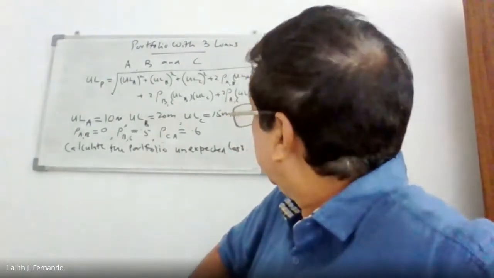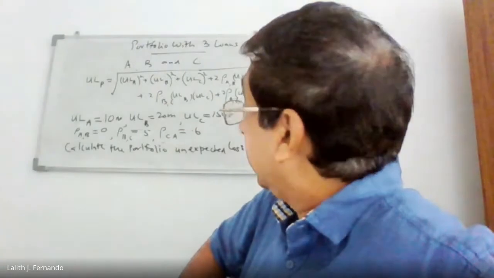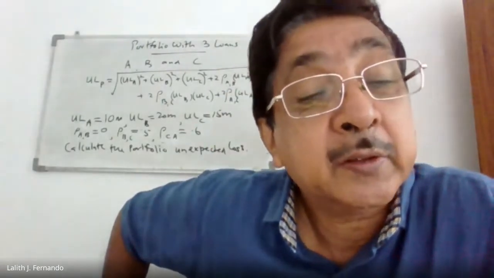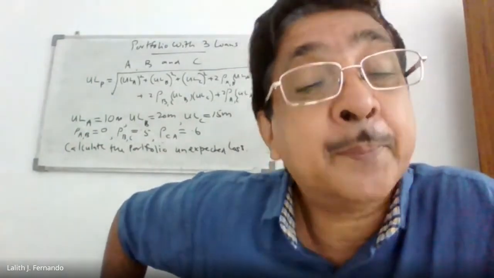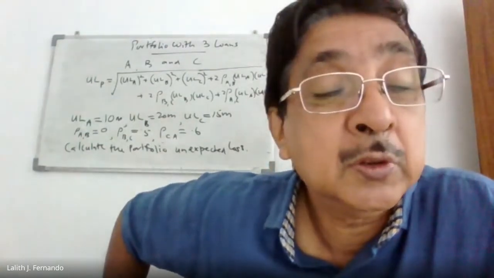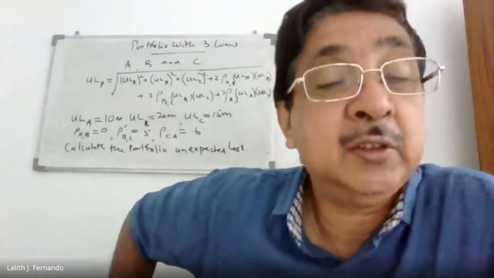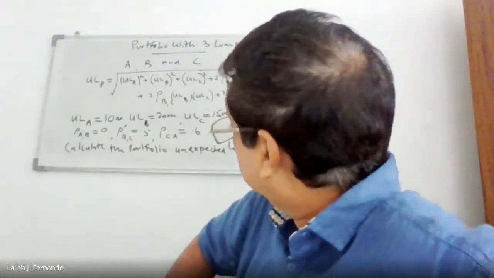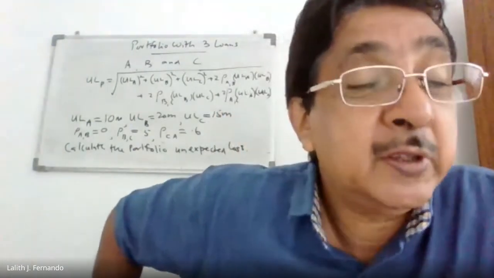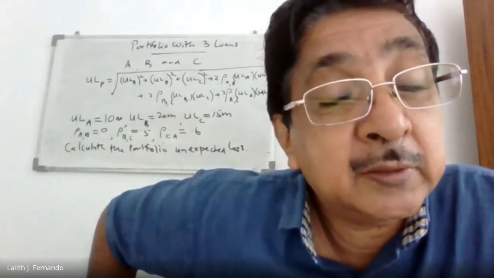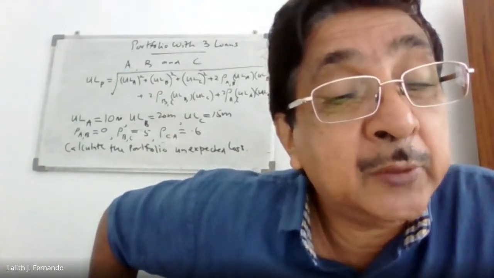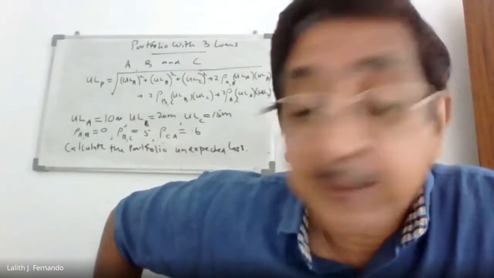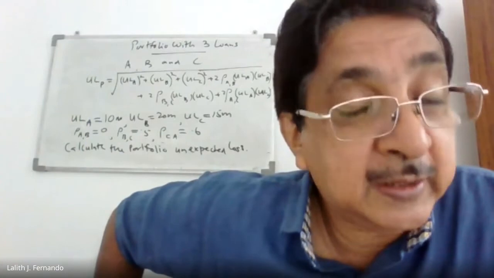What is the highest individual loan? 20 million is the highest loss of one of the loans. But the portfolio loss has gone up to 34, though it is less than the total. If you take just the total, 10 plus 20 is 30, 30 plus 15 is 45. Even though the total unexpected loss is 45, our portfolio unexpected loss we got as 34.71, which is less than 45.